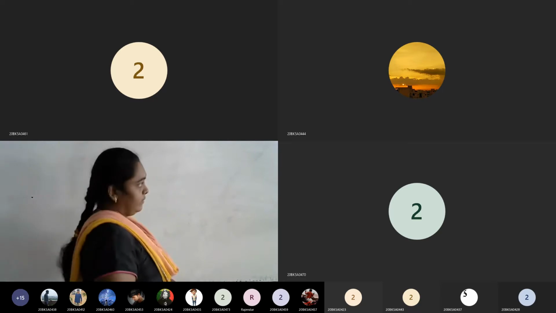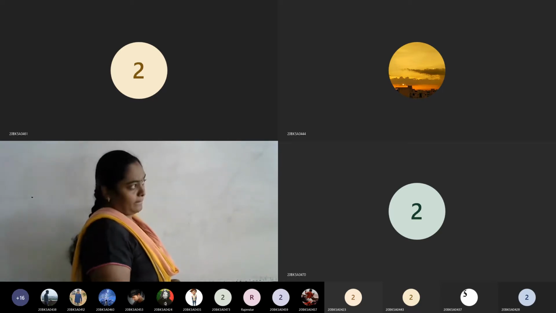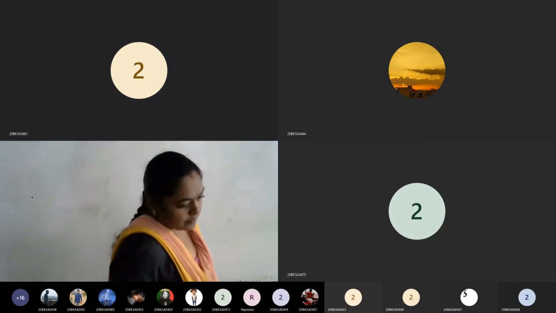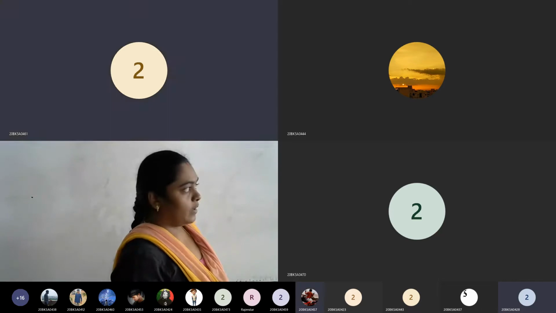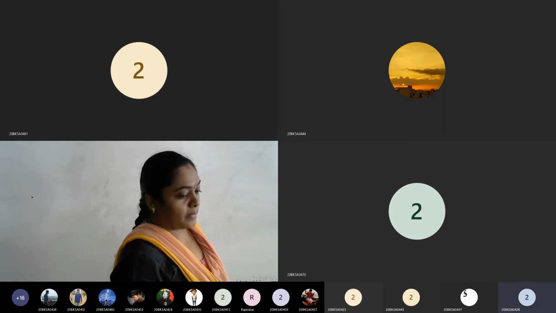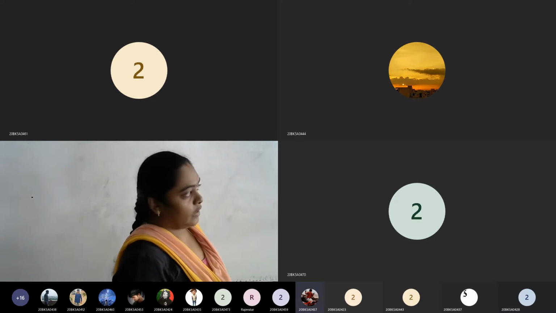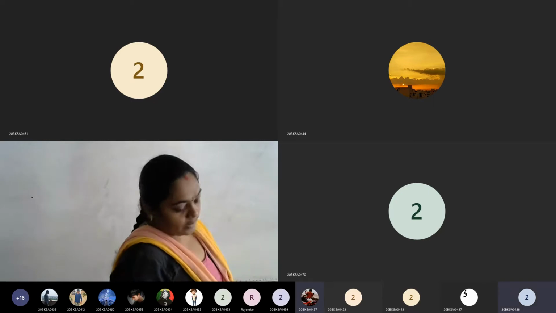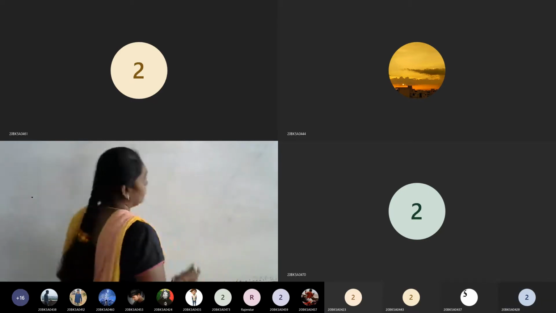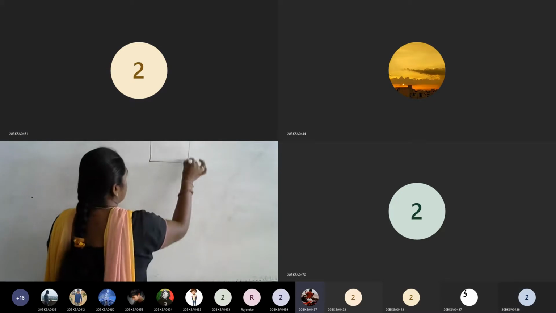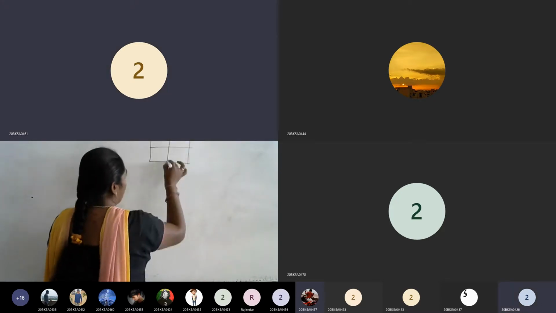Now in the given question, what is the highest number? 1. So here the minimum is a 2 variable K-map. As we are having only two numbers 0 and 1, we need to draw how many variable K-map? 2 variable. A two variable K-map consists of how many cells? 4 cells.